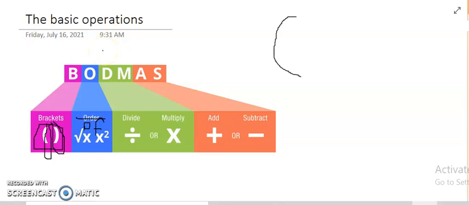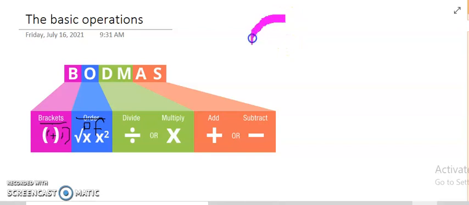Now, because in the basic operations abbreviation, which is BODMAS, B is first, that means in any equation that you have brackets, you must do whatever is inside the bracket first. Like if I have 1 plus 1 inside the bracket, let me put it out big right here.